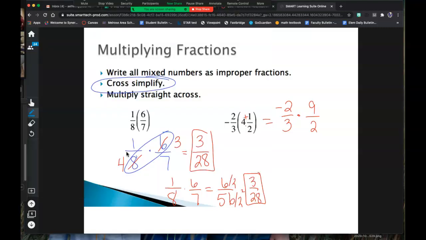So I can simplify the 2 and the 2. 2 divided by 2 is 1. 2 divided by 2 is 1. I can also simplify the 9 and the 3. 9 divided by 3 is 3, and 3 divided by 3 is 1. So that made my numbers really easy to multiply. 1 times 3 is 3, and 1 times 1 is 1.